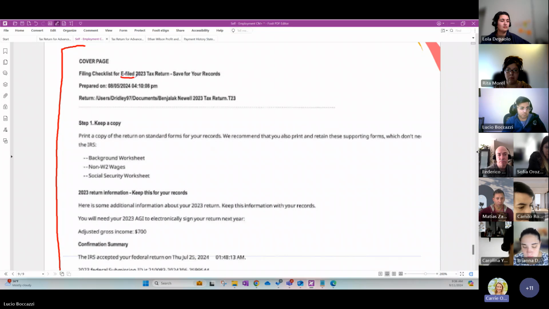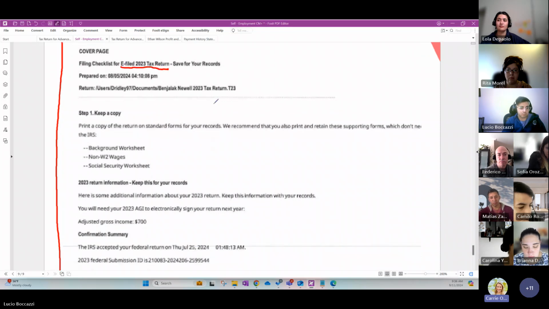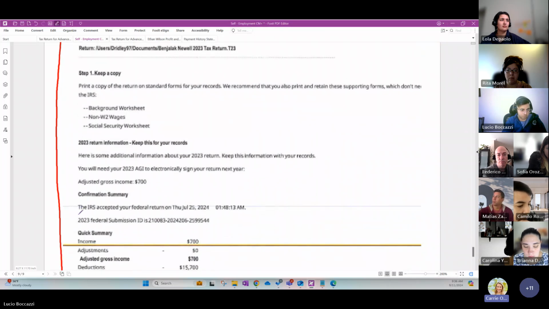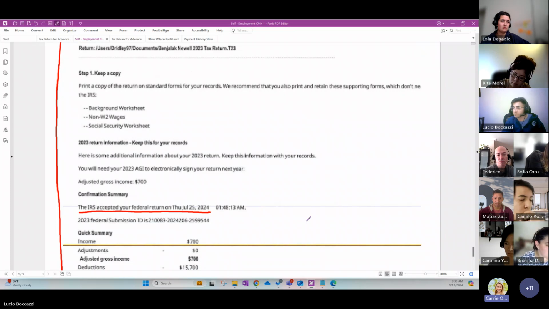And then down on that confirmation summary, under that section, it says the IRS accepted your federal return, 2023 federal submission. That's the verbiage that we're looking for. So it'll say something about e-filing and e-signing and submission or transmission. Those are the keywords there.